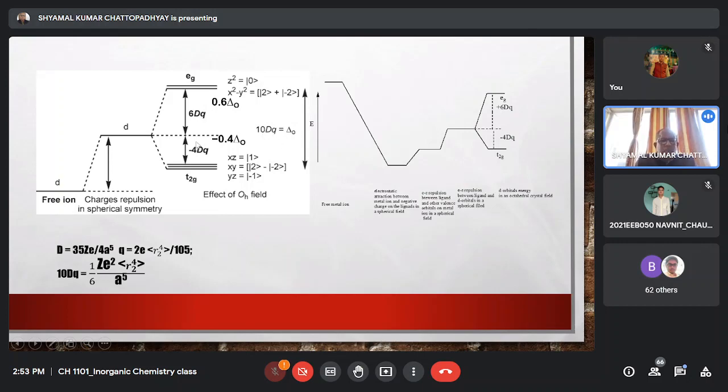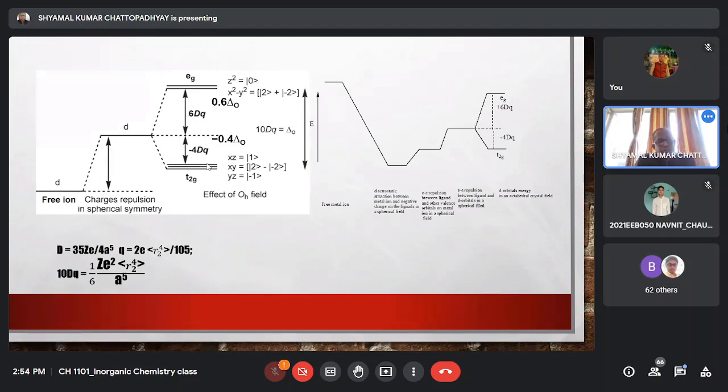So if I consider the total splitting as delta O, the decrease is by minus 0.4 delta O and the increase is by 0.6 delta O. If it is 10 Dq, it has to be multiplied by 10. So destabilization here is by 6 Dq and stabilization here is by 4 Dq.